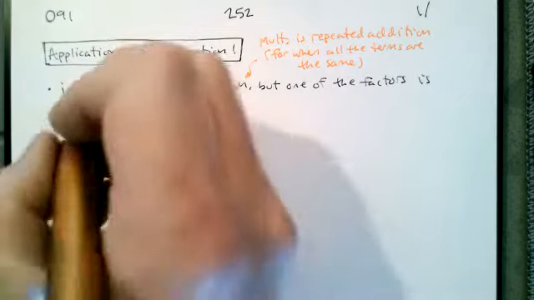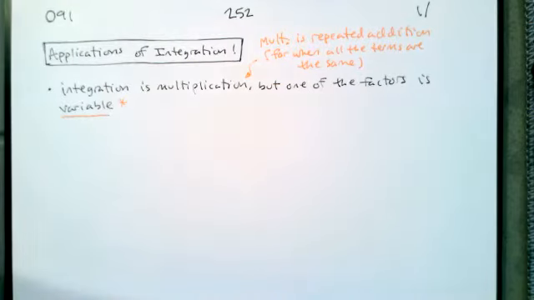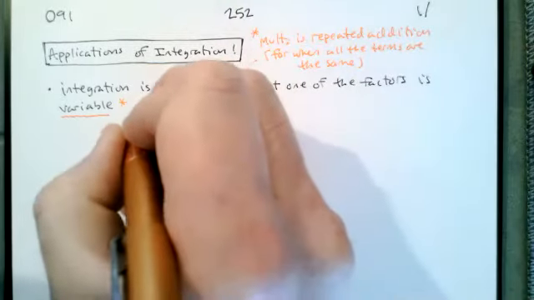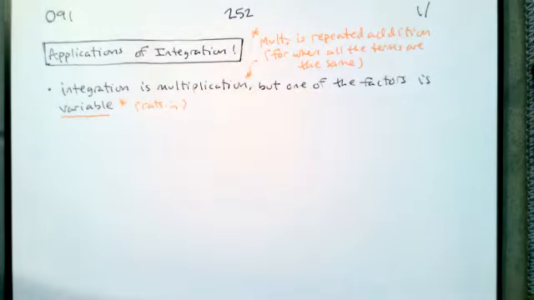But one of the factors is variable. So if we can't use multiplication, we have to stay at addition.